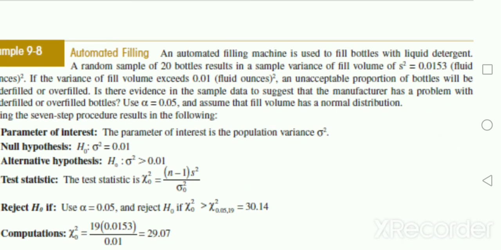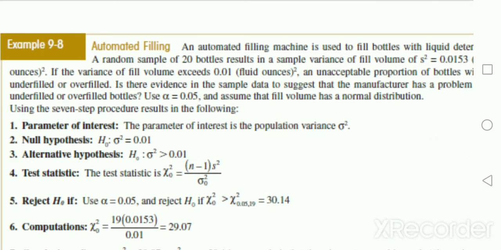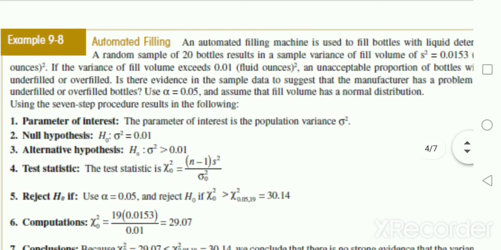If the variance of fill volume exceeds 0.01, an unacceptable proportion of bottles will be underfilled or overfilled. The question is: is there evidence in the sample data that the variance of fill volume exceeds 0.01, so that the manufacturer has a problem with underfilled or overfilled bottles? The alpha value is 0.05. Now we see the solution.